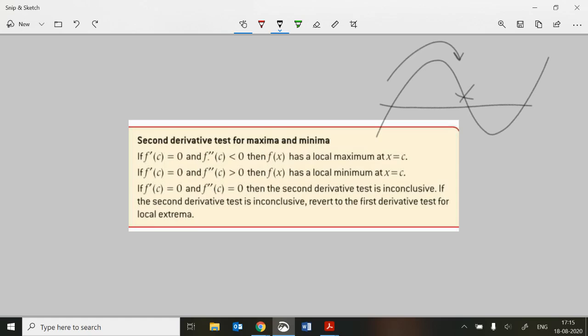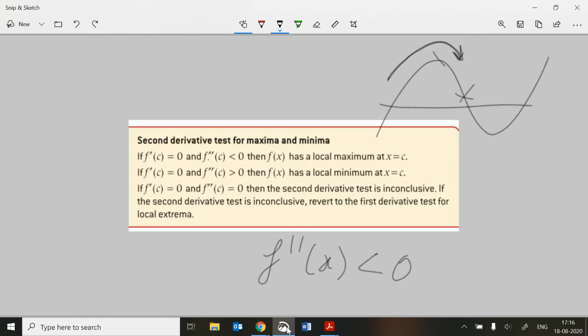So our gradient is decreasing throughout, and that's what the second derivative is talking about. It's the rate of change of our gradient. If f dash dash of x is less than 0 when we put in this point c, then we know that the gradient is decreasing at that particular point.